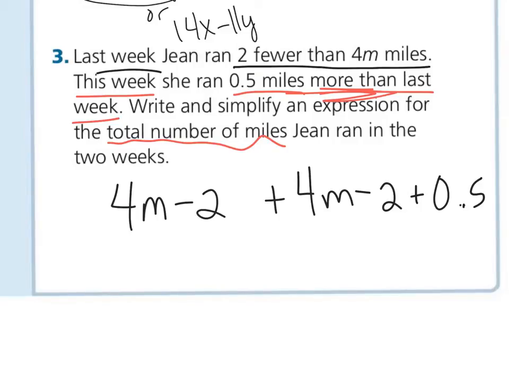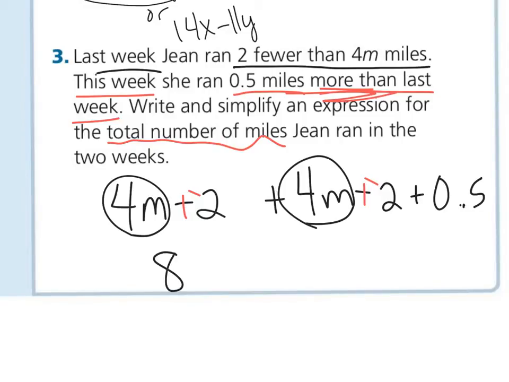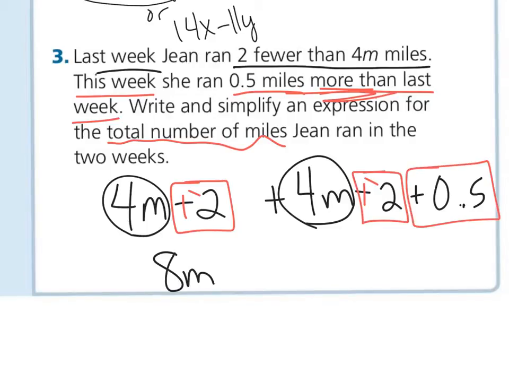So simplifying here, we can add the opposite where they're subtracting. We can combine our m's together, so 4m plus 4m would be 8m. We've got a -2, a -2, and a 5/10. -2 plus -2 would be -4, and then -4 plus 5/10. Those are opposite signs, so they're fighting it out.